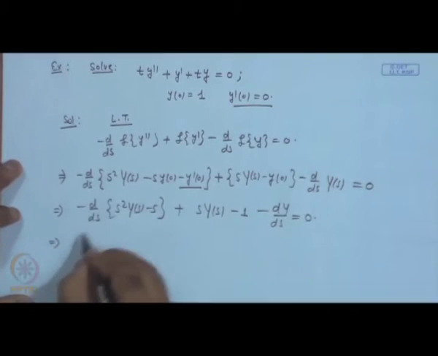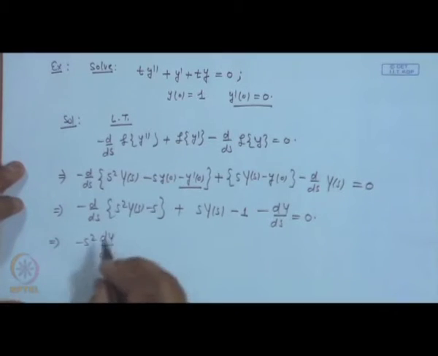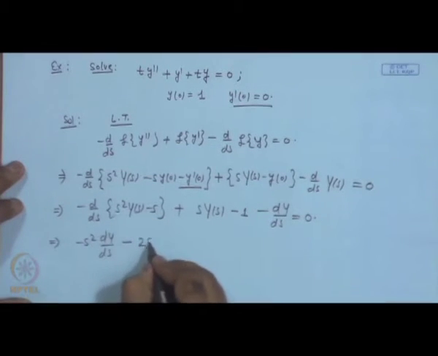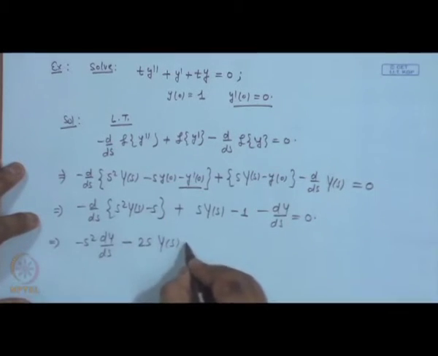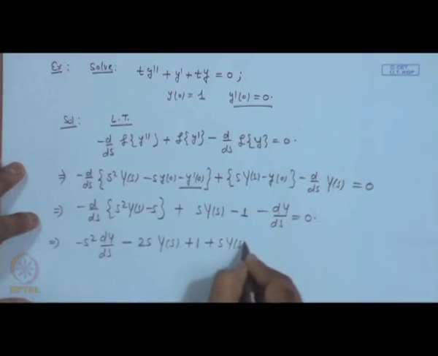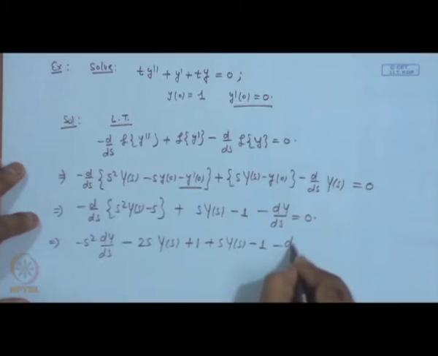So, we simplify this. So, minus s squared dY over ds minus 2s Y(s), and here we will get d over ds of s times 1. So, minus minus plus, so plus 1 plus s Y(s) minus 1 minus dY over ds is equal to 0.